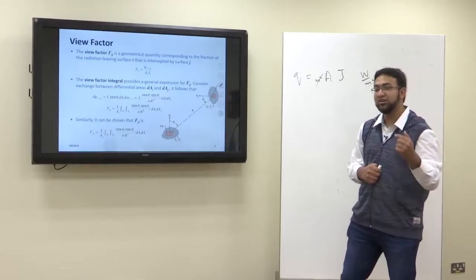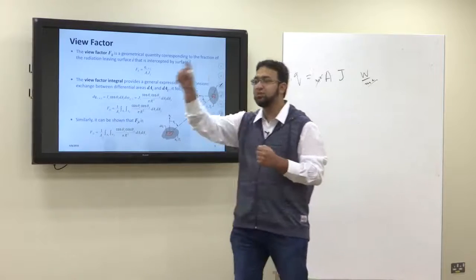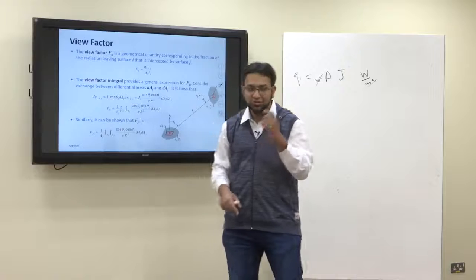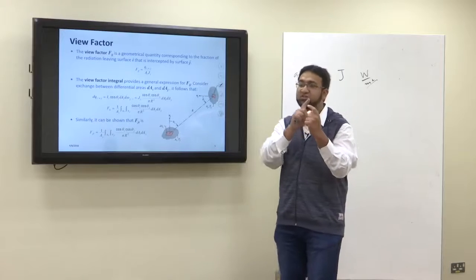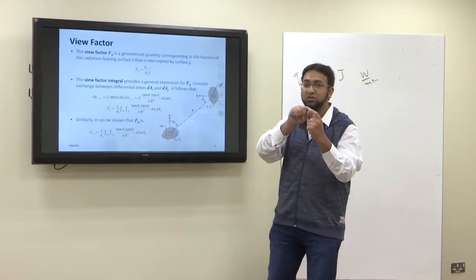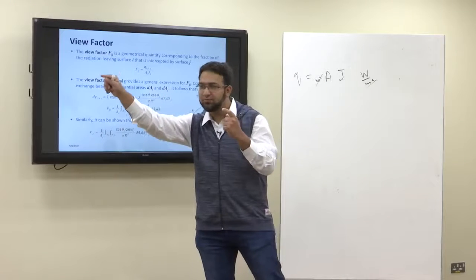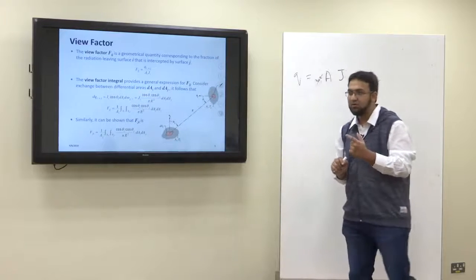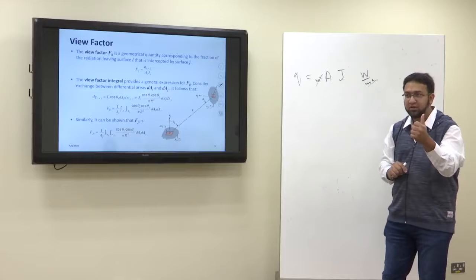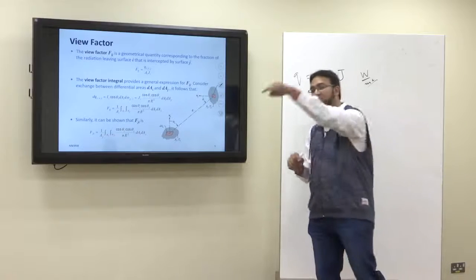That means how much is the radiation exchange from one body to the other. So it's not just how much radiation is emitted by this body, it's how much of the radiation emitted by this body reaches the other body. This is the point of interest for us. How much is emitted by one body which actually reaches the other body?